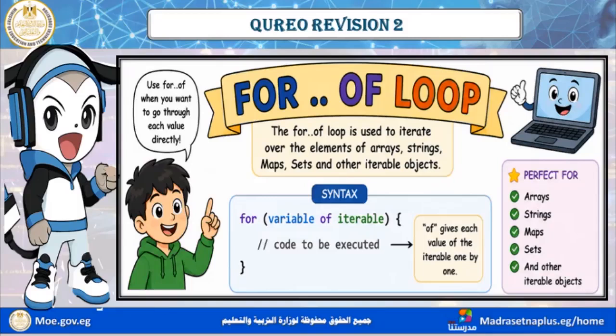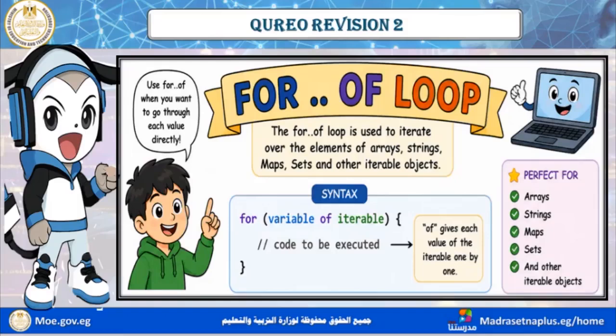How can we use it? Let's have a look at the syntax. We will write for, variable of iterable, and then we have code to be executed inside the curly bracket.